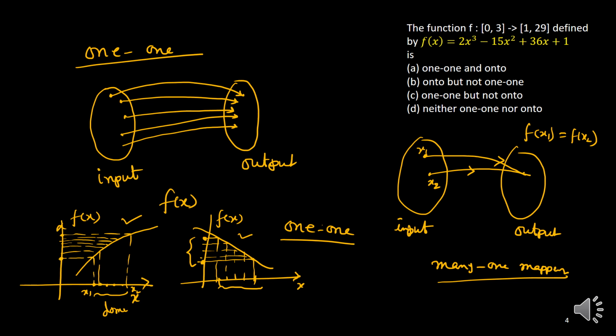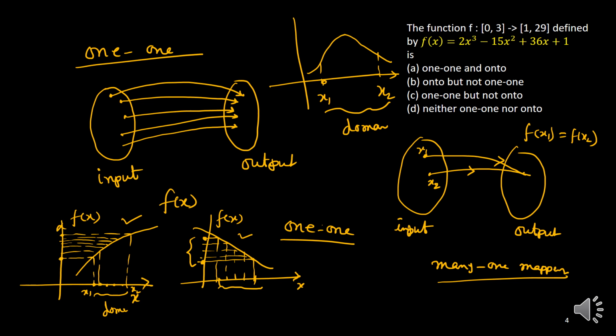But if the function is like this, sometimes increasing, sometimes decreasing, and I consider this is my domain, this is our x1, it is x2, this interval is your domain. Now you can see the range will be up to this. This is the range, this is your f of x.